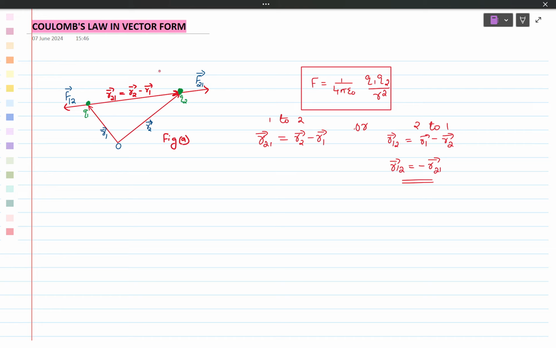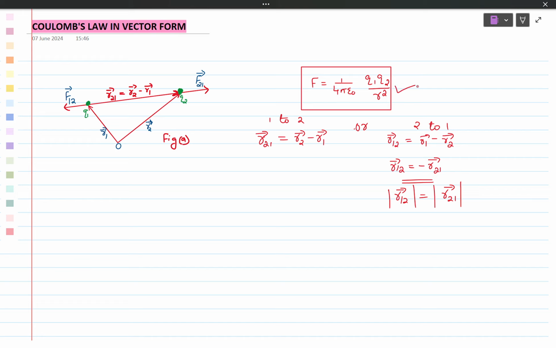These are also equal and opposite, as vector r12 equals negative r21. If we consider the magnitude of these two vectors, it will be equal, because the negative sign becomes positive when we take the magnitude. So the magnitudes of these two vectors will be equal. Hope you understood.